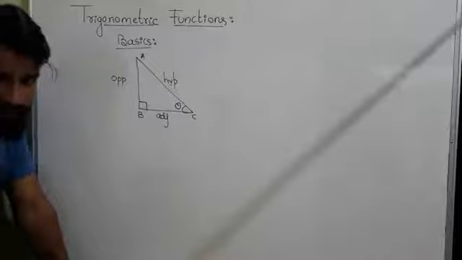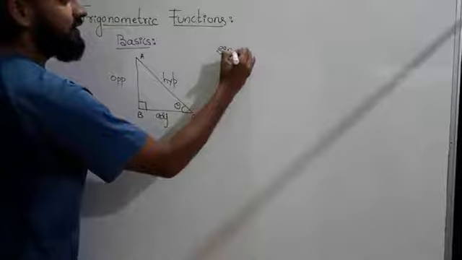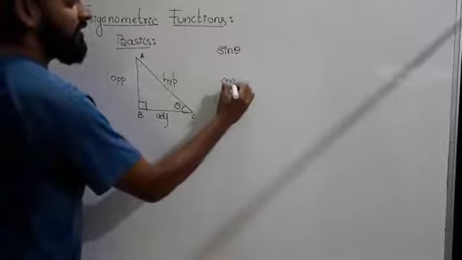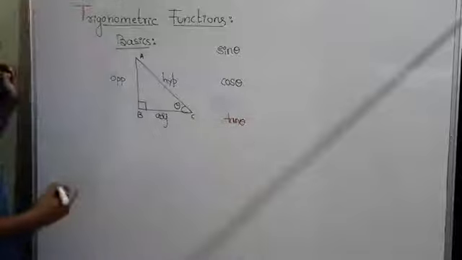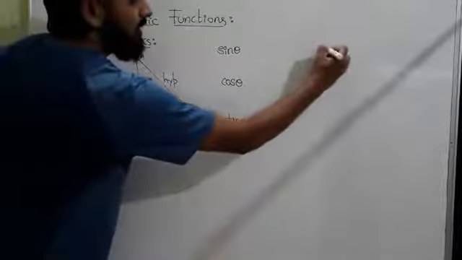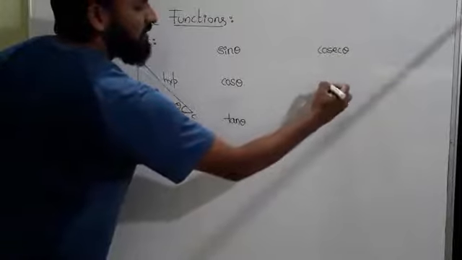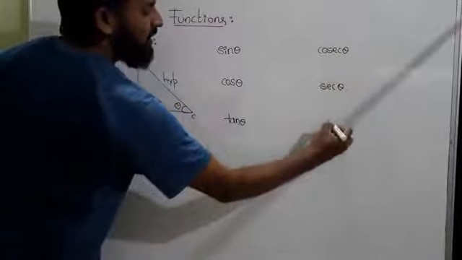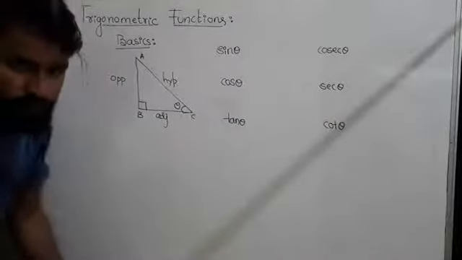You already know them. So what are those? The first one is sine theta, then we have cos theta, then tan theta. Similarly, we will have another 3, which are cosec theta, sec theta, and cot theta. Basically, these are all short forms.